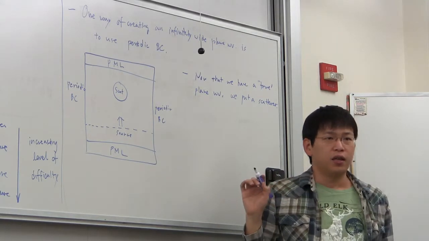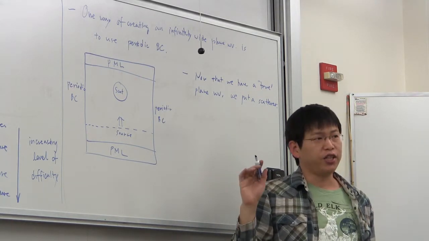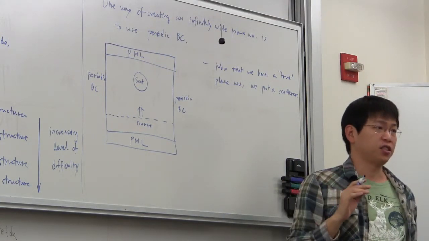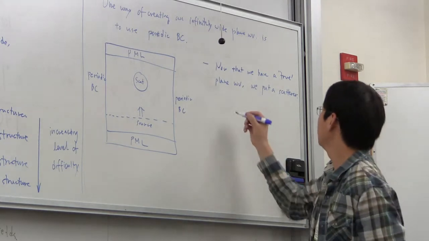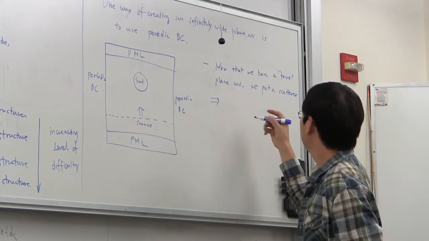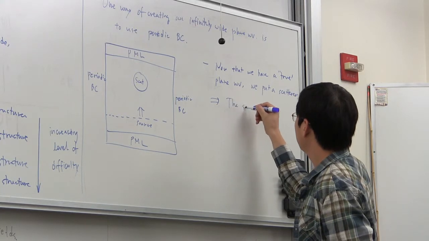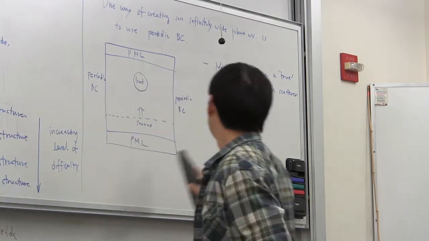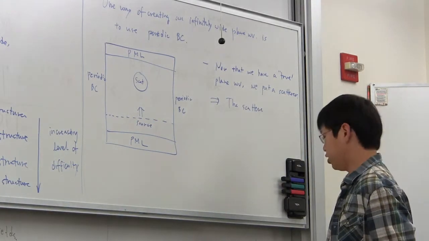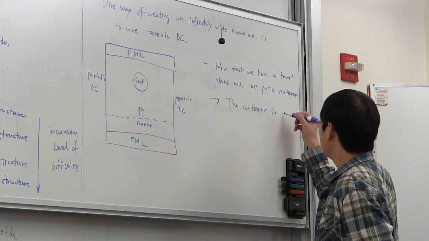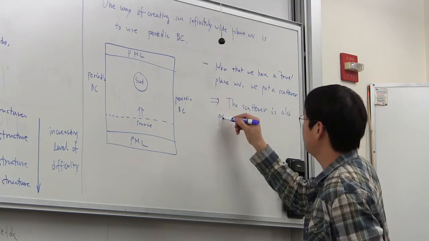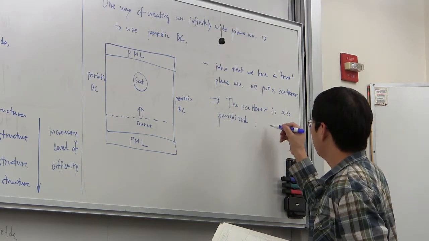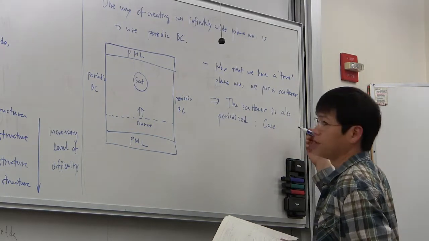So at the price of creating this infinitely wide plane wave, you have to create a periodic structure. Scatterer is also periodized. This is therefore case NP.